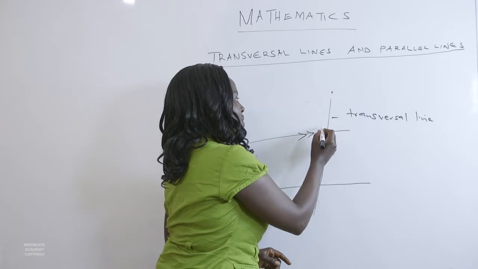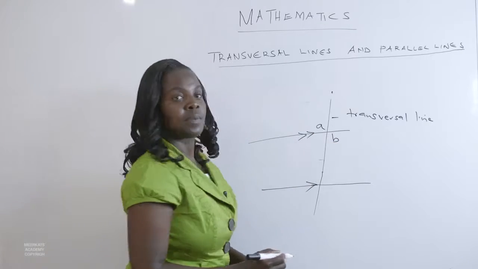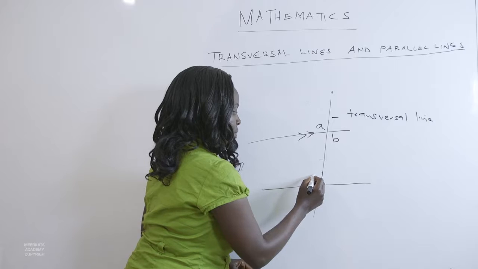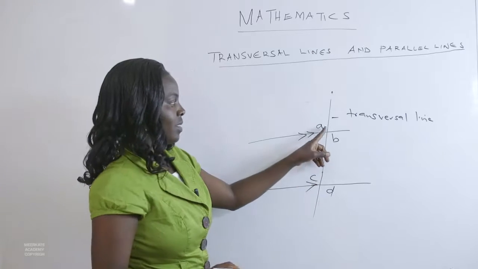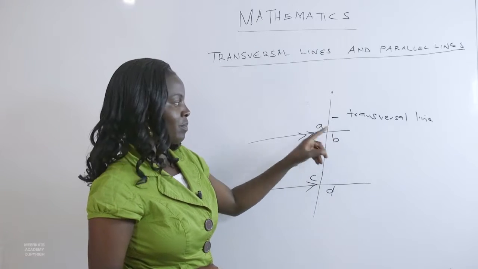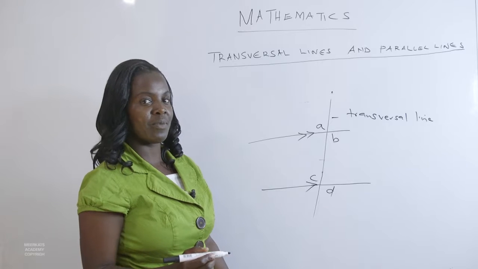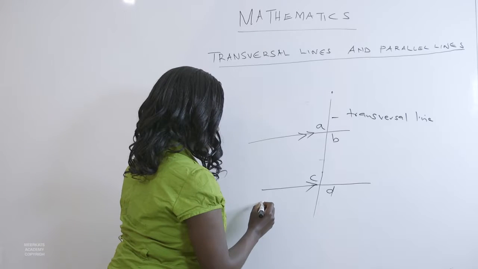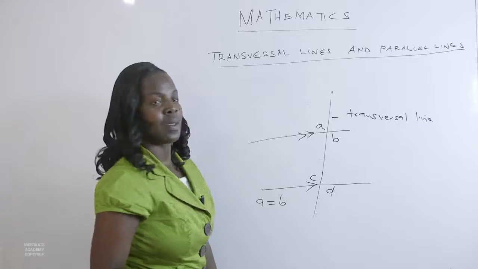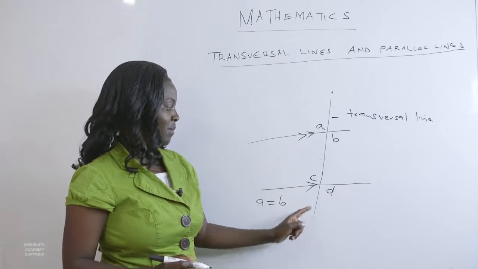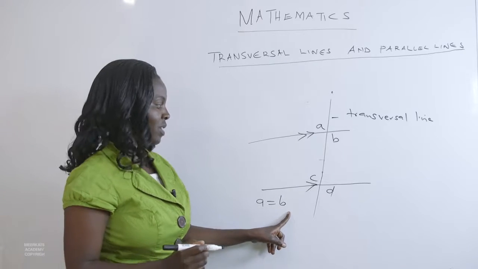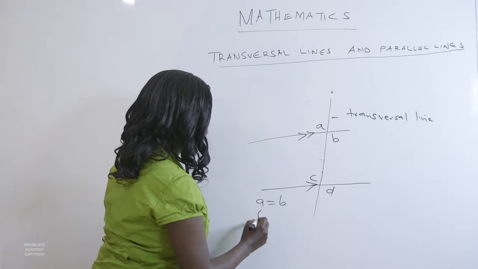From our last lesson, these two angles, angle A and angle B, are equal. If you can remember from our last lesson, angle A is the same or equal to angle B. Why? When we are supposed to give a reason, they are vertically opposite.